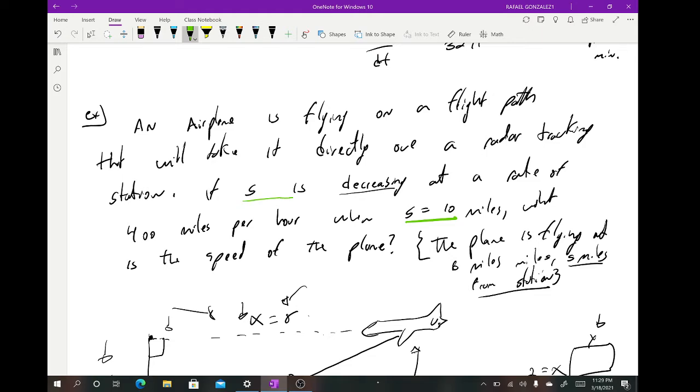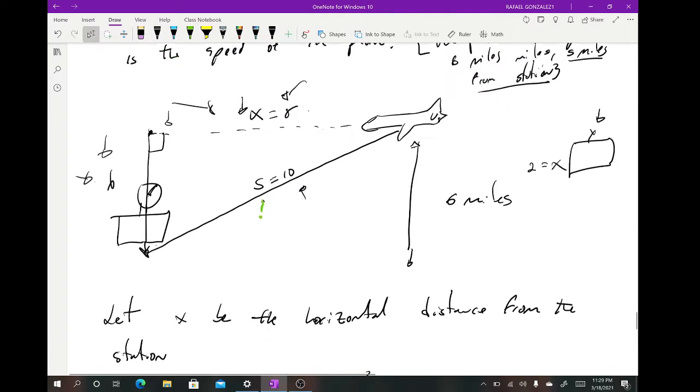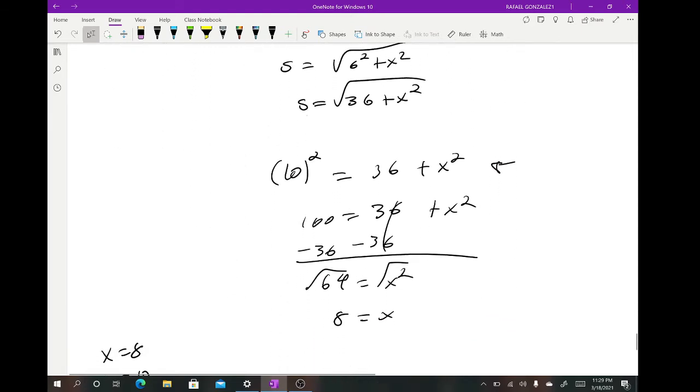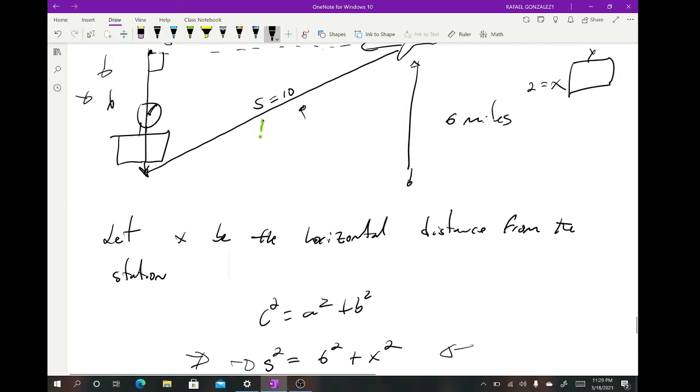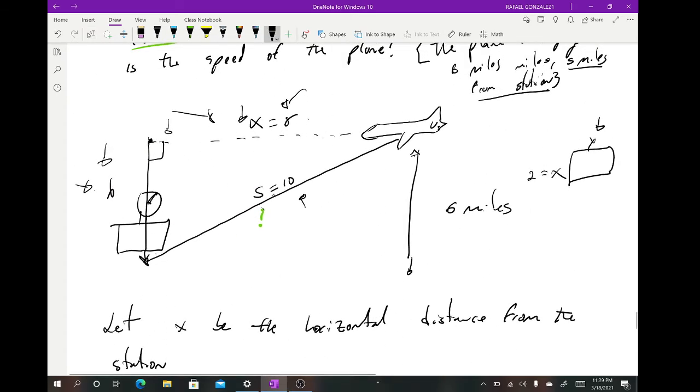So we know that S is decreasing at a rate of 400 miles per hour. Now this is where reading is important. If S is decreasing at a rate of 400 miles per hour, that means that dS/dt is equal to negative 400, because the negative here will indicate that we are decreasing. And remember, S is the actual distance of the plane to the station.